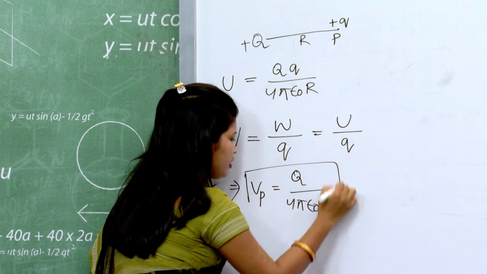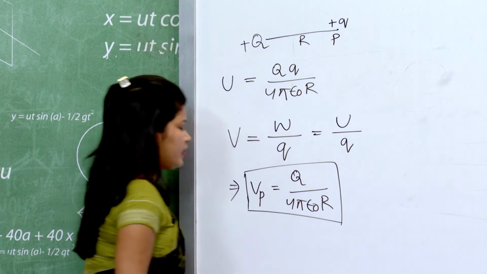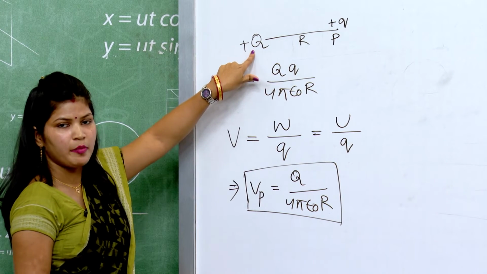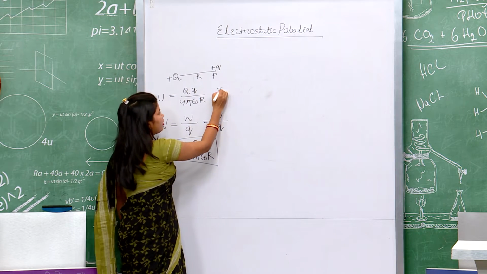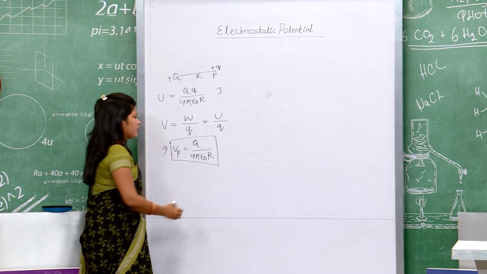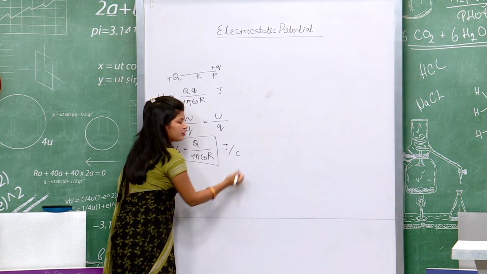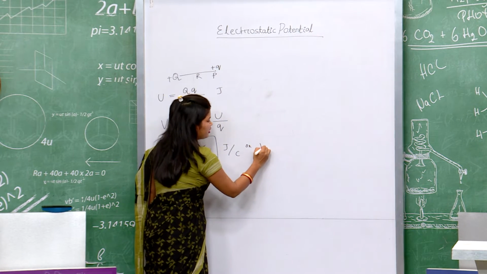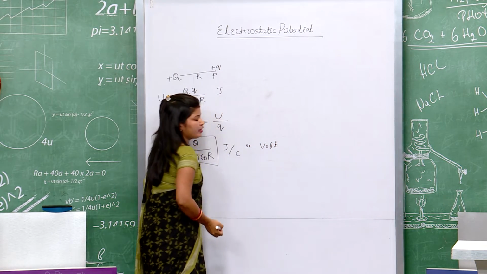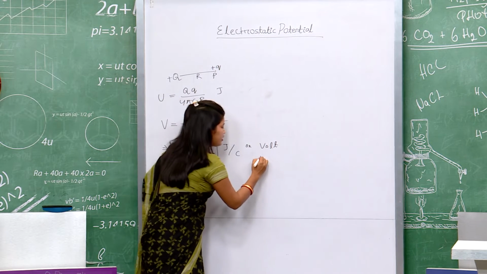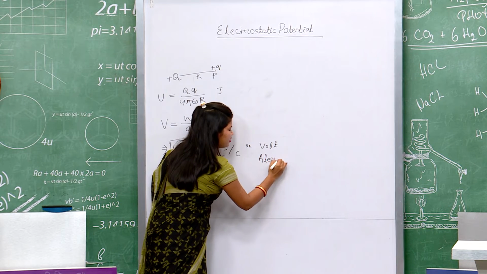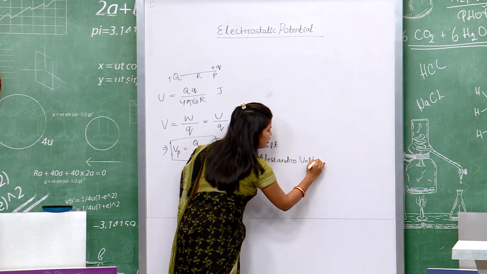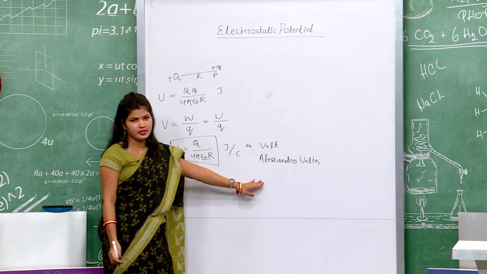So, this is the expression of potential at point P due to the source charge capital Q. Energy has the unit of joule and potential has the unit of joule per coulomb, or generally we call that volt, named in the honor of Alessandro Volta, an Italian physicist.